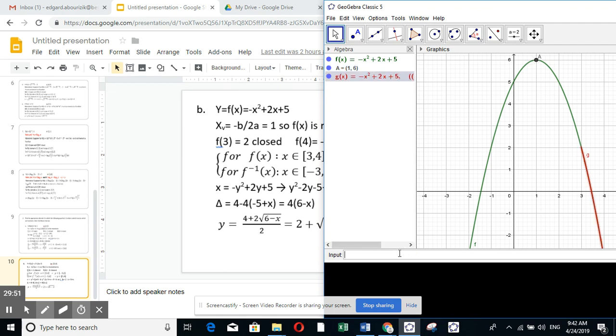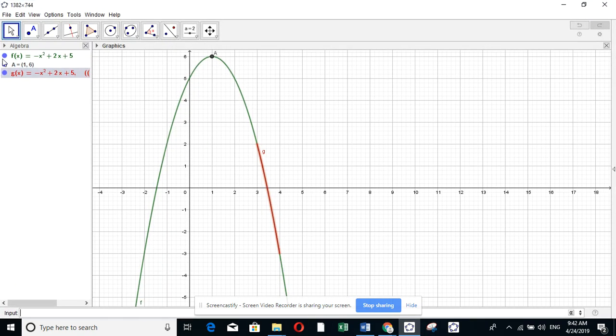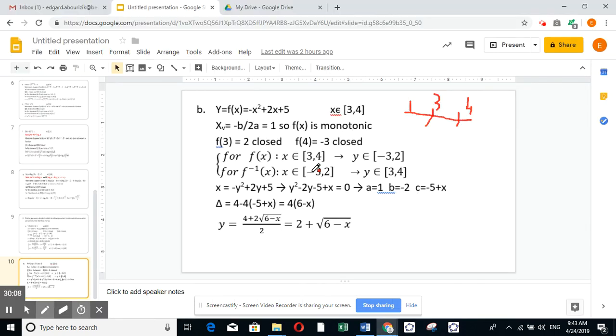As you can see here, because it's to the right of the vertex, it's monotonic, strictly decreasing, so the inverse is a function, so no need to split into intervals. I have only this interval.